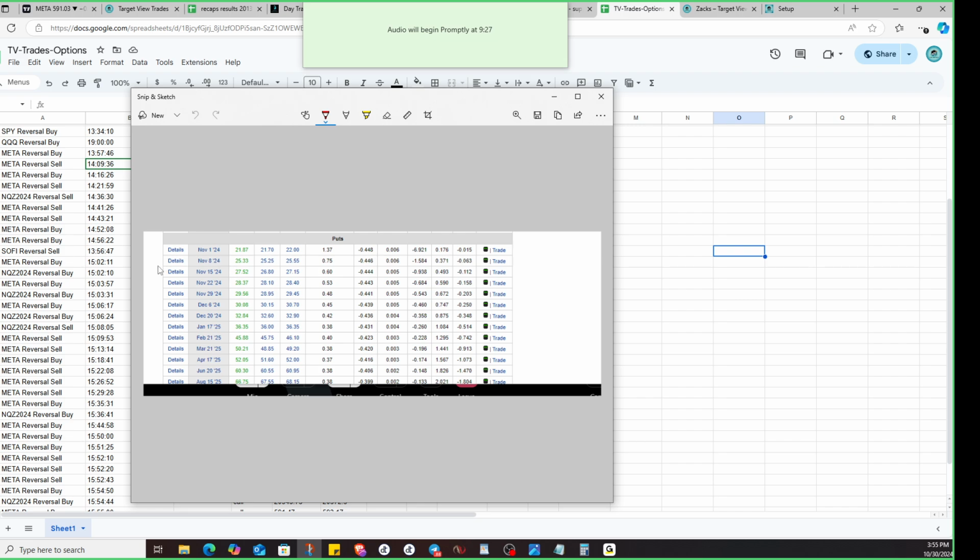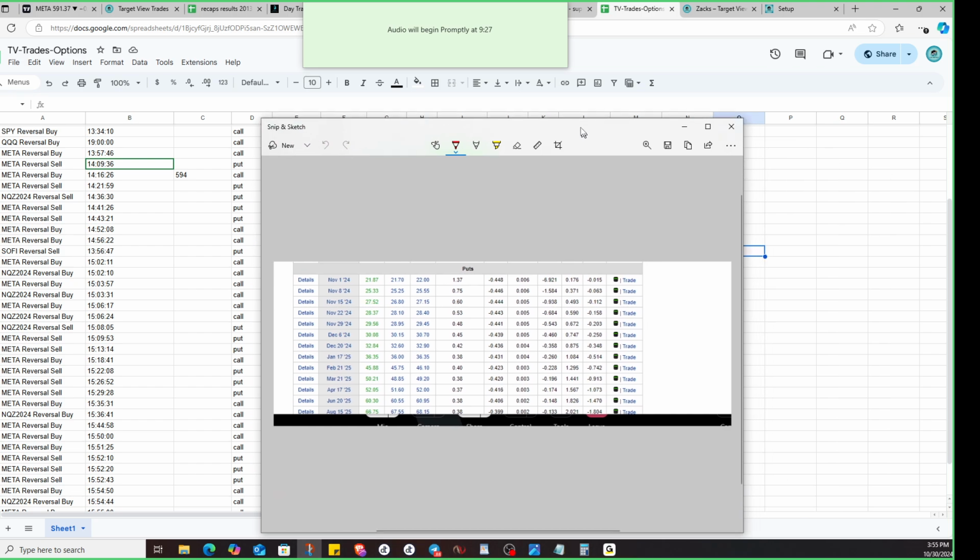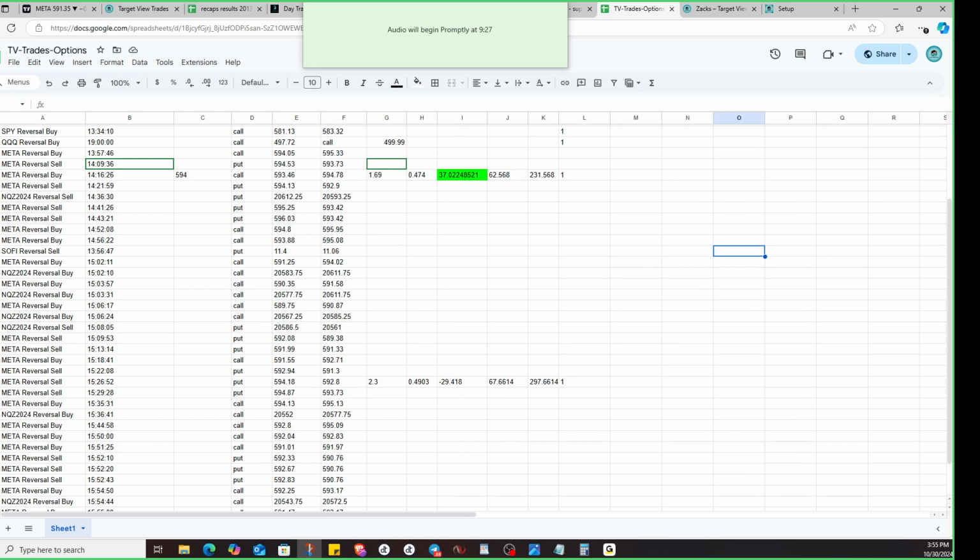So the 590 puts, if we're looking at the 590s, where are they? These are the 590s and the dates for the 590s. So the delta is minus 44.8, or 44.8 is what you would put in. The implied volatility is 137. Okay, so the cost of them is 21.87.